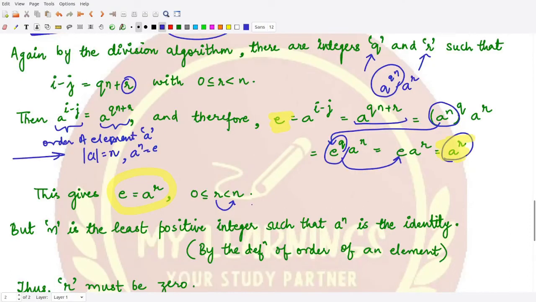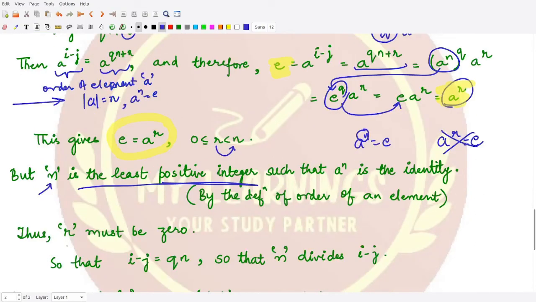So this contradicts the definition of order, because n was the least positive integer such that a to the power n is equal to e. But now in this case we have even a smaller number than n such that a to the power r is equal to e, but that is not possible, right?